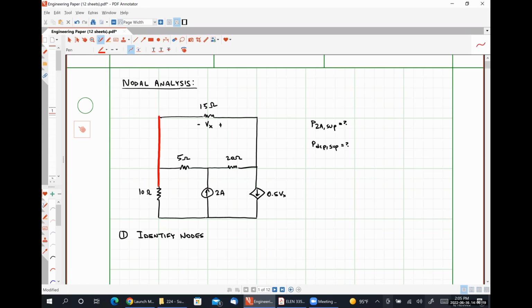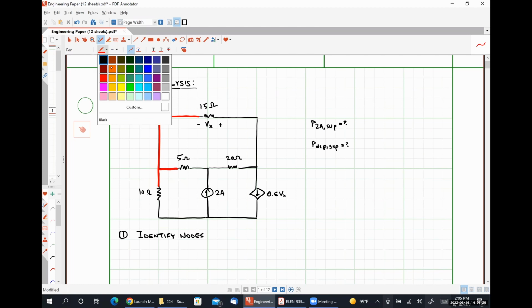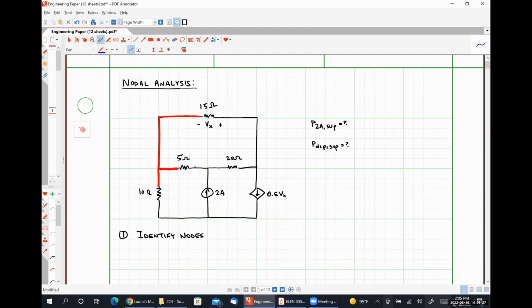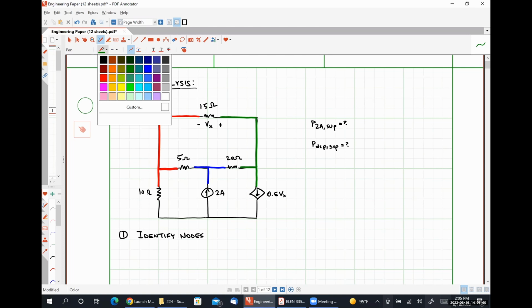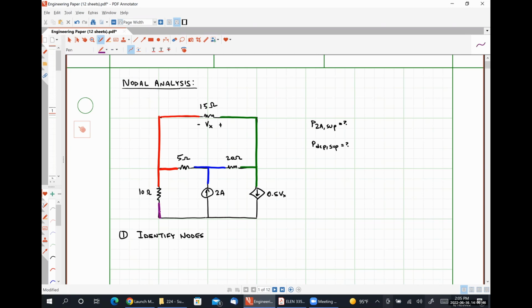We have one here on the left-hand side, one here in the middle, one on the upper right-hand side, and then, in purple, one here on the bottom. So this circuit contains 4 nodes.